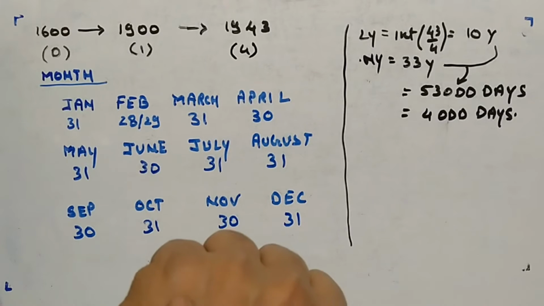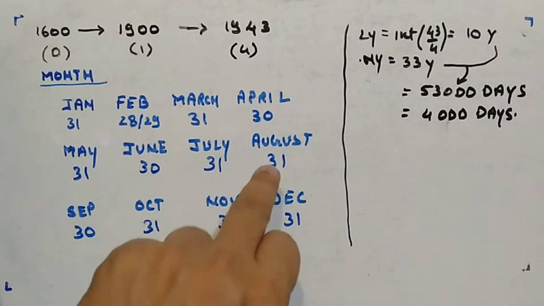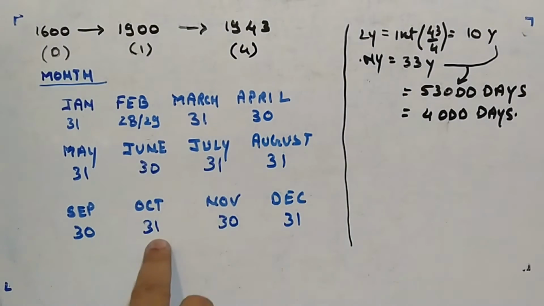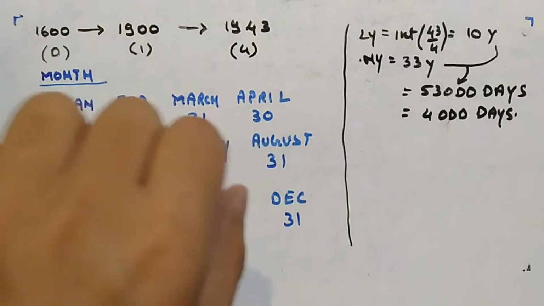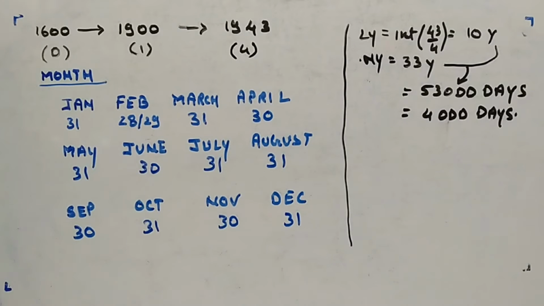Then again start from here for August, 31, then 30, 31, 30, 31, 30, and then again 31. So this is a way you can remember how many days are there. 31 means bump, and if there is a gap, then it is 30, and in the February case you have to remember it is 28 or 29.